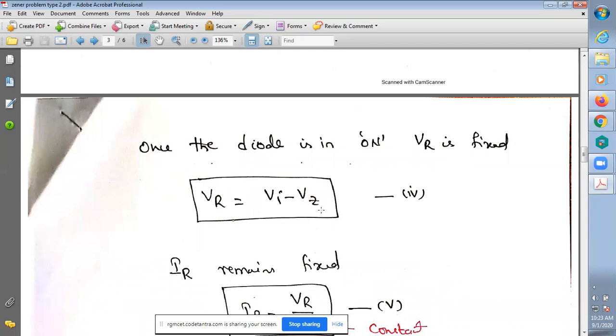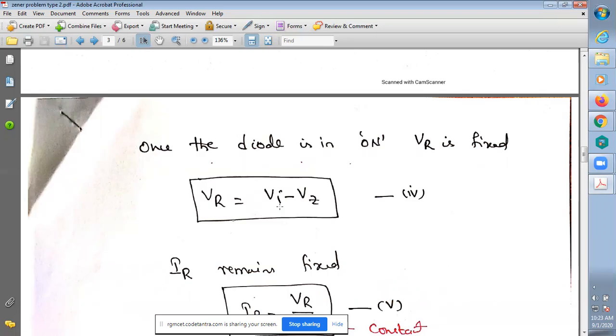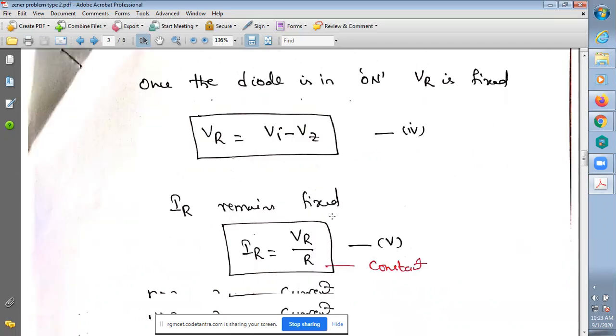The output voltage is Vz. Simply apply KVL here. KVL says that Vi is equal to VR plus Vz. From that, VR, the voltage across the resistor, is equal to Vi minus Vz. Now from that, IR is equal to VR by R.